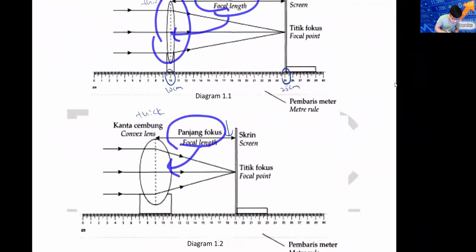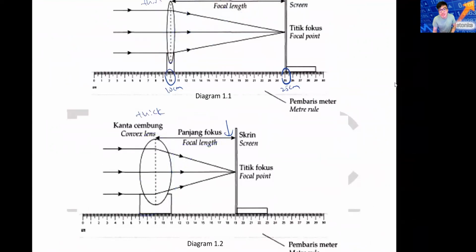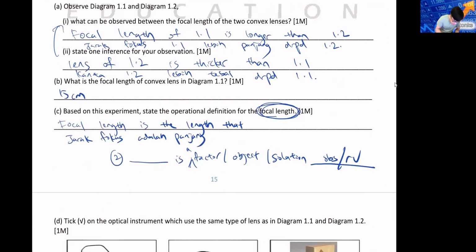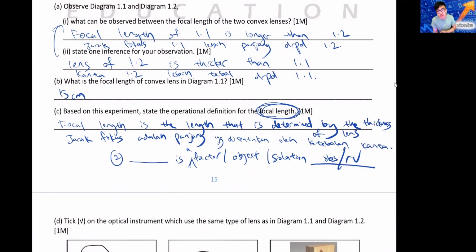So you just write that lah. Focal length is the length that is determined by the thickness of lens. Adalah panjang yang ditentukan oleh ketebalan kanta. So you write your observation based on what you see.